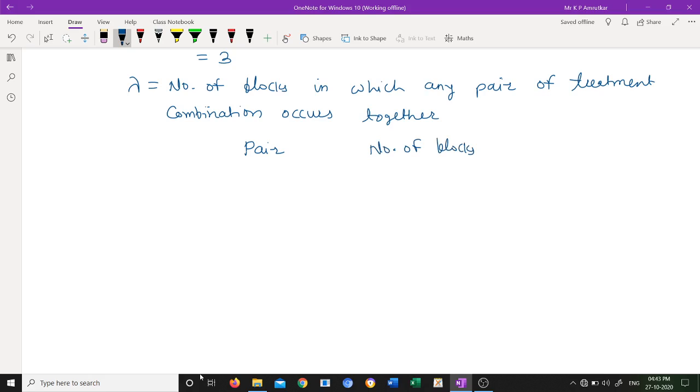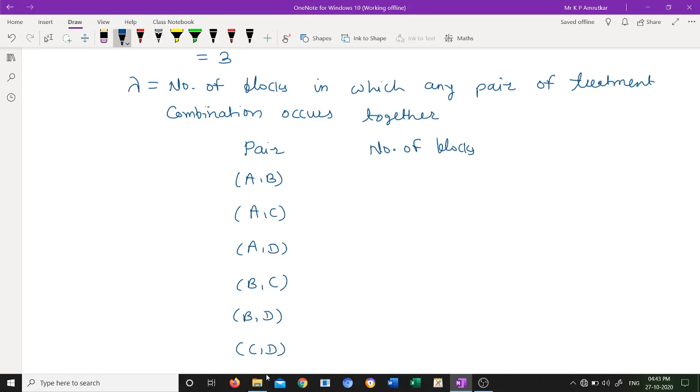There will be 4C2 pairs, and 4C2 is 6 pairs. The first pair is AB, second is AC, then AD, BC, BD and CD. So these are 6 pairs.